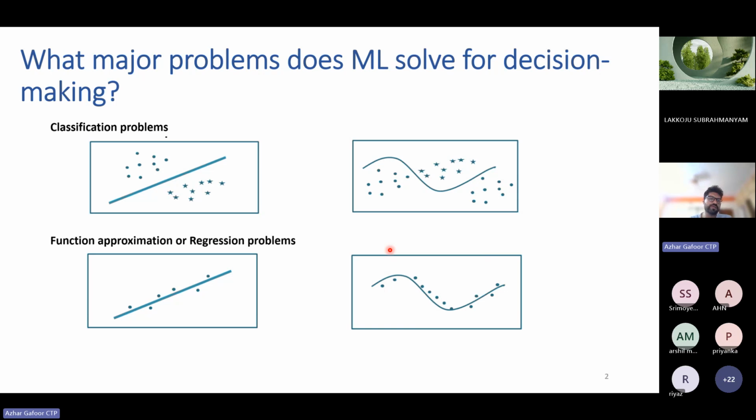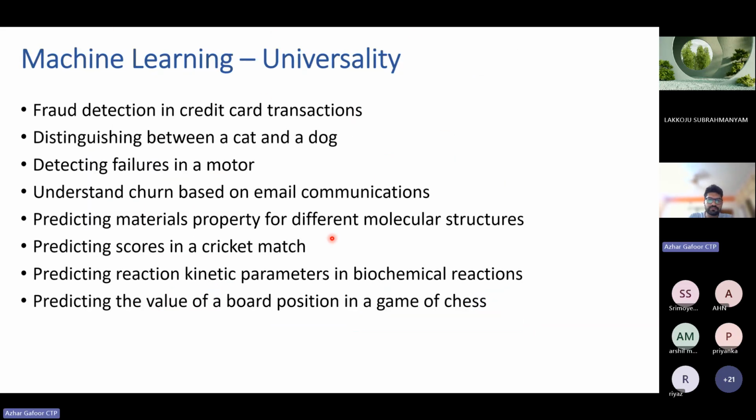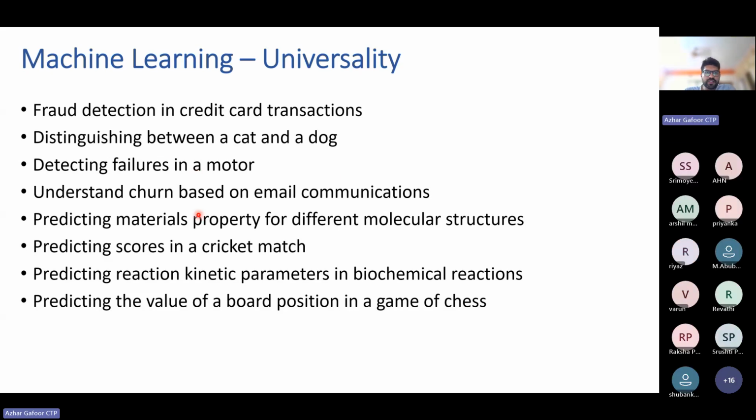All those come under function approximation or a regression problem. These are some of the major problems, or examples of machine learning problems, that we can solve. So let's see how these can be classified.